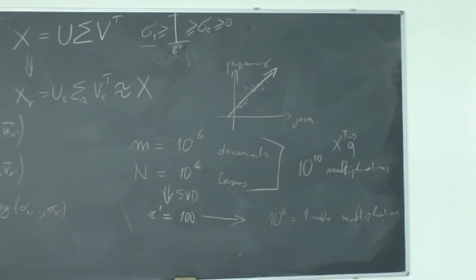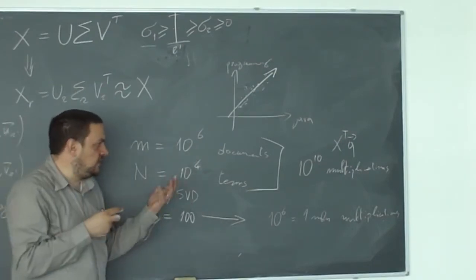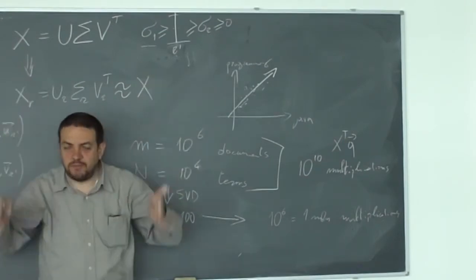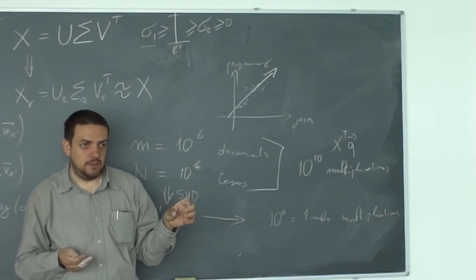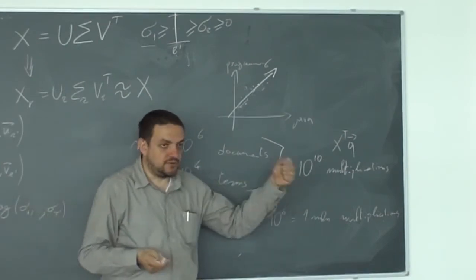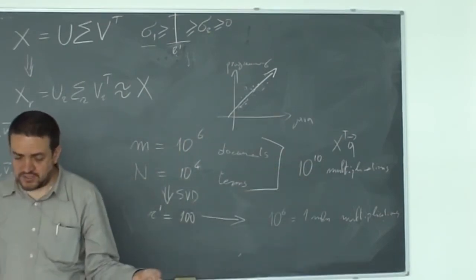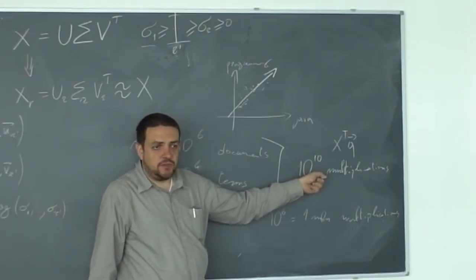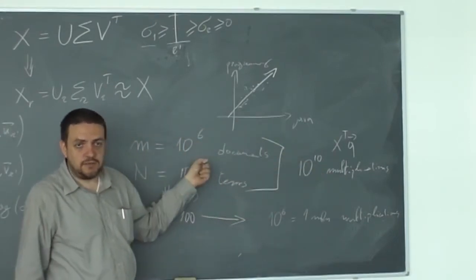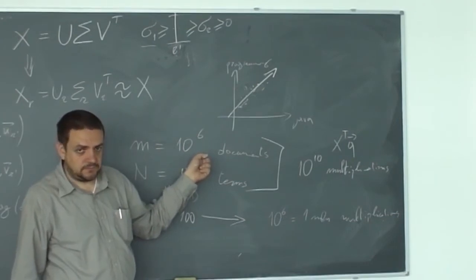It's a sparse matrix, and as you know, we don't need to keep the whole matrix in memory. We only need to keep the non-zero entries. So the number of multiplications here is actually much less. It depends on the number of non-zero entries in the X matrix.